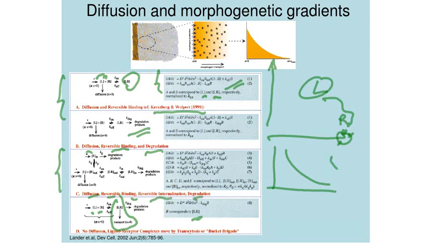Internalization means if you have a cell, once you have a ligand receptor, instead of just disappearing, it can be internalized inside the cell. So ligand multiplied by R. And this is well summarized in this review paper by Lander in Developmental Cell 2002, where you have these basic equations that you can simulate. We will see the result in a few minutes.